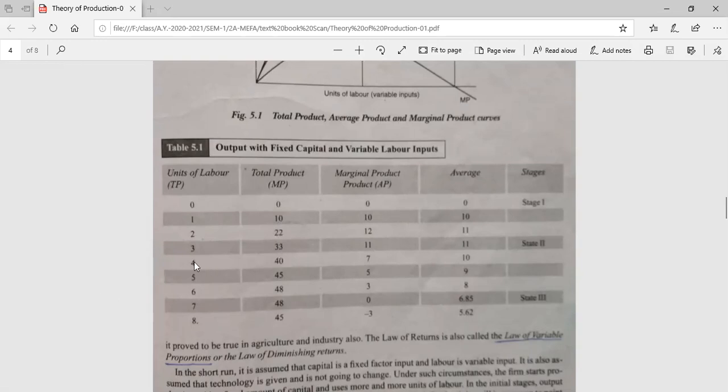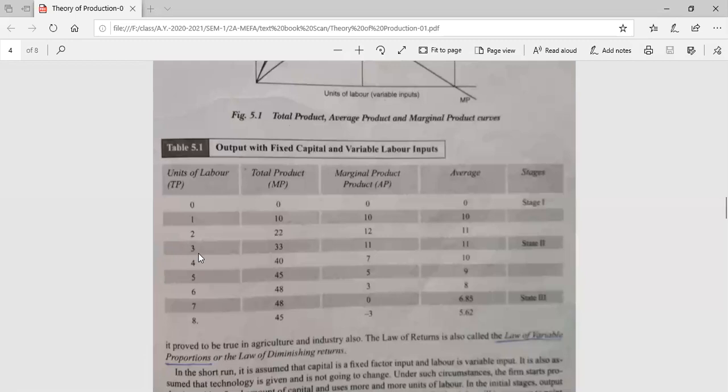So you see here, for 4, it is 40 only. Here, by increasing one person in labor, there is an increase of 12 units. Actually, it has to be only 10, but it is around 12 here. By increasing one person in the labor, it is increased by 11 units in the output.